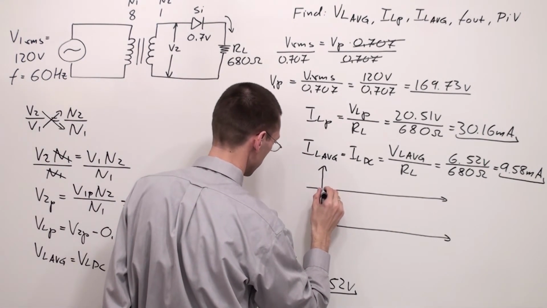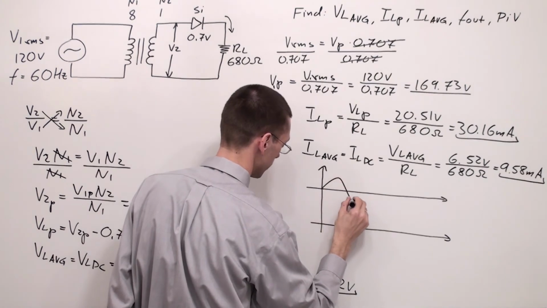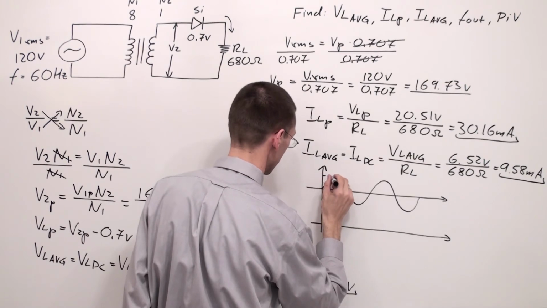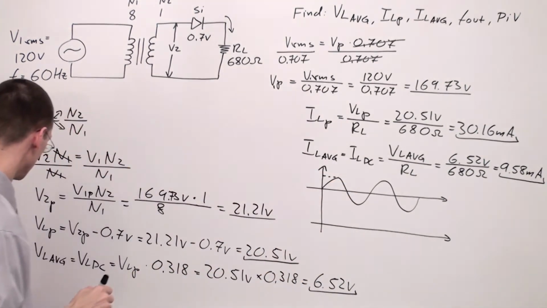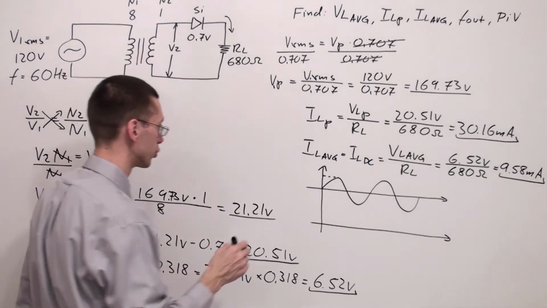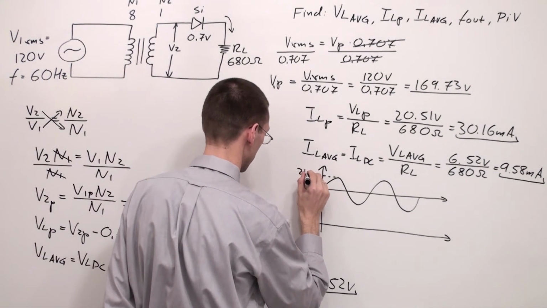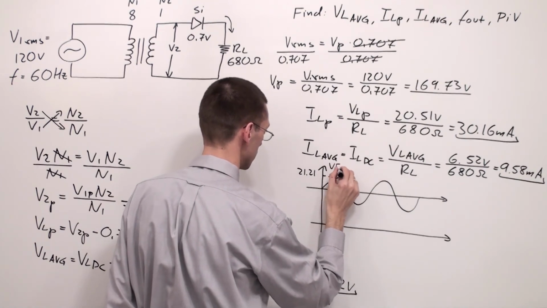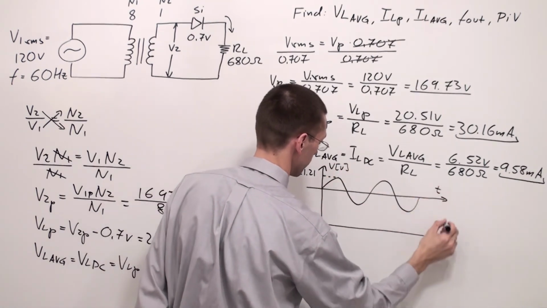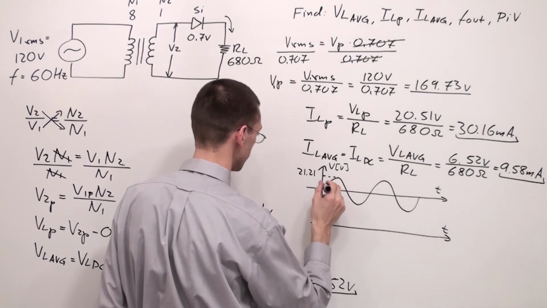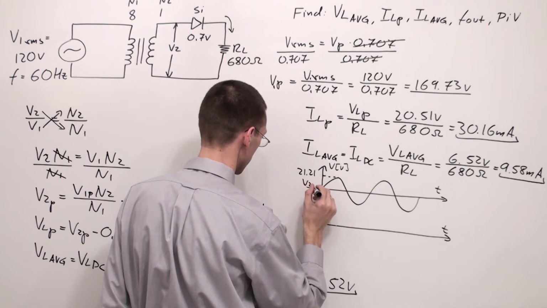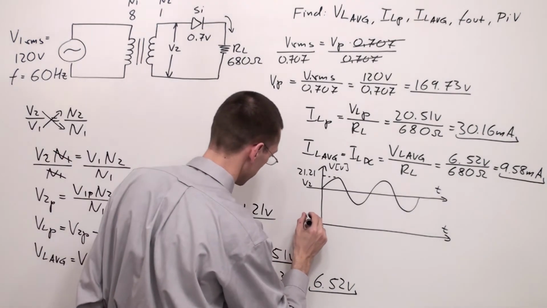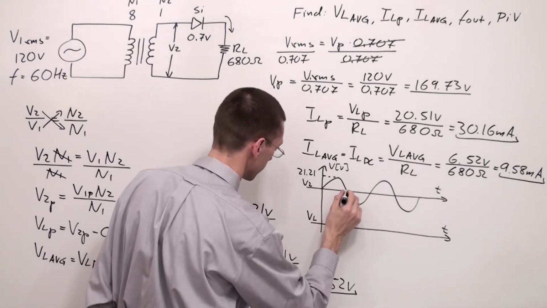Remember, secondary voltage is going to be a sine wave, which has a peak value of 21.21 volts. Remember, the y-axis is going to represent voltage in volts. This is time. This is my V secondary. Next, I have to draw VL, the voltage across the load, peak.